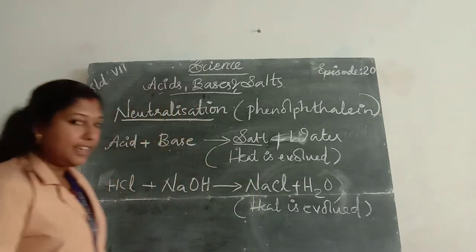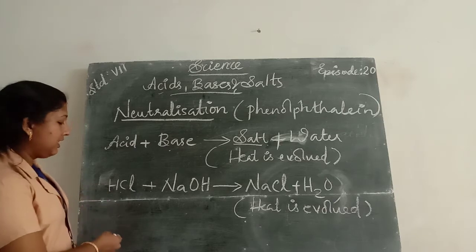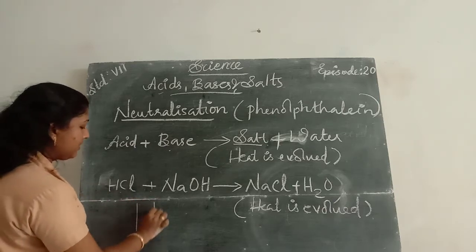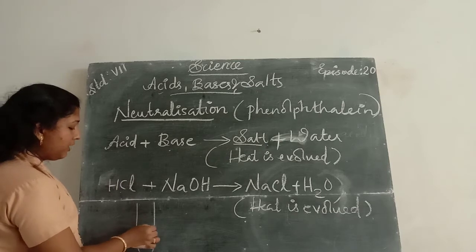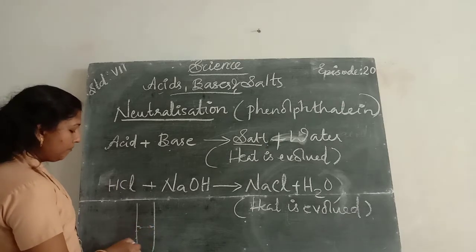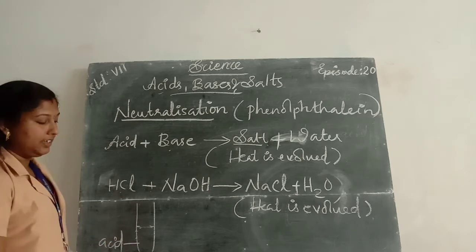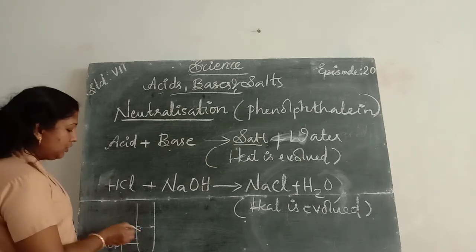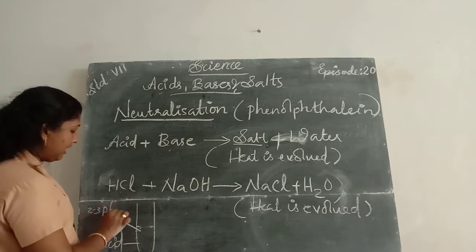Okay, all of you listen here. To demonstrate neutralization, first we take a test tube, then fill 1/4 of the test tube with the acid. Then add 2 to 3 drops of phenolphthalein.